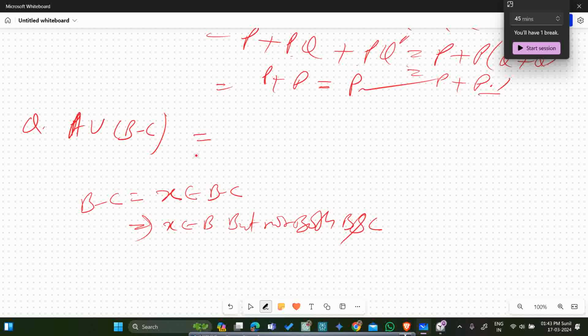So how we can do this is, we can do this like that. B minus C is equal to B intersection C complement. So C complement would be what? Universal minus C. So does not belong to C. Does not belong to C. This is C complement, but belongs to B. Alright.